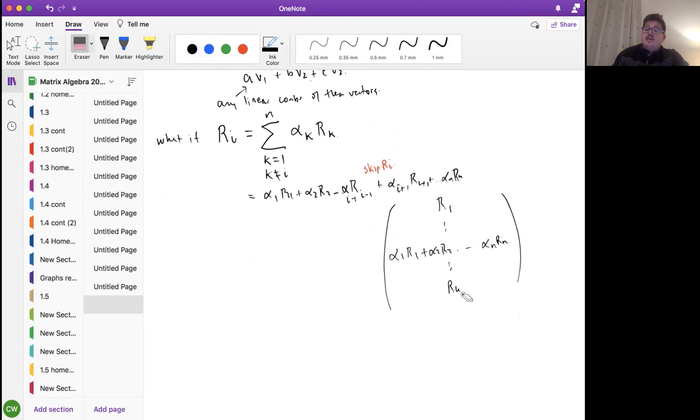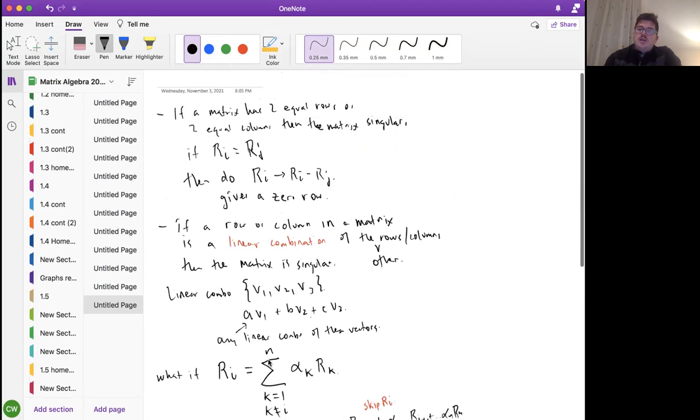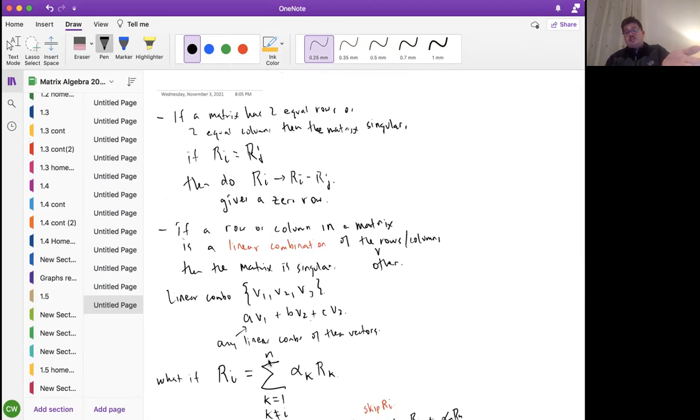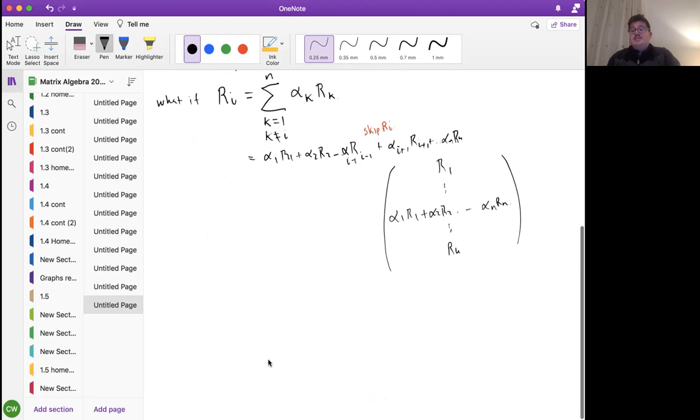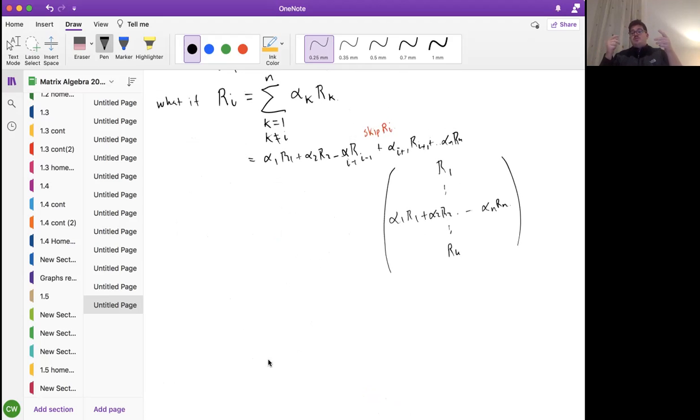That's what I mean by linear combination. So based on what we just did before, the hint is I'm saying that you can get a 0 row out of this. If you have a row that's a linear combination of the other rows, then you can get a 0 row.